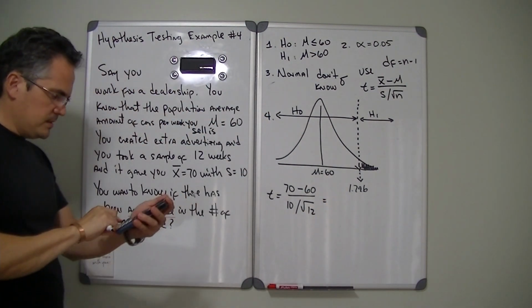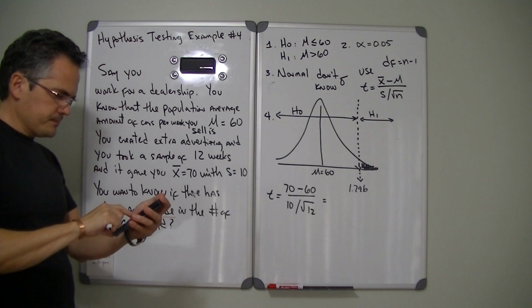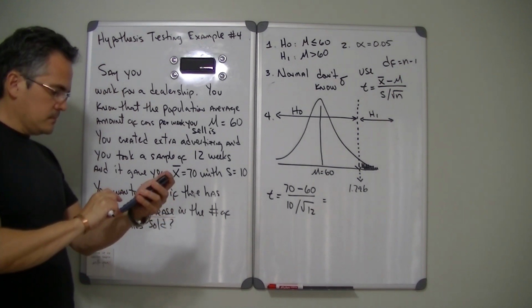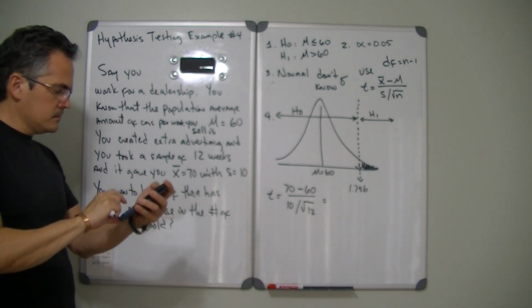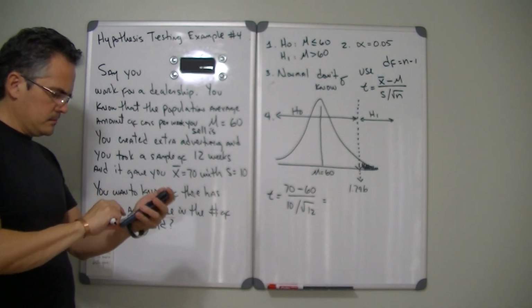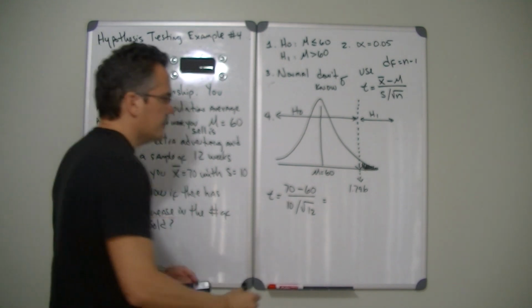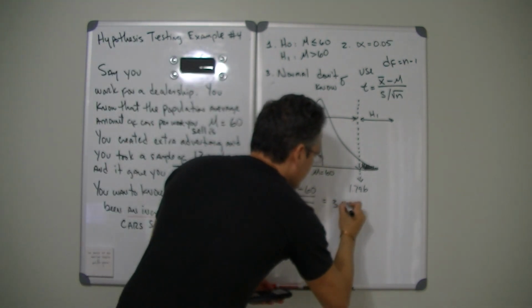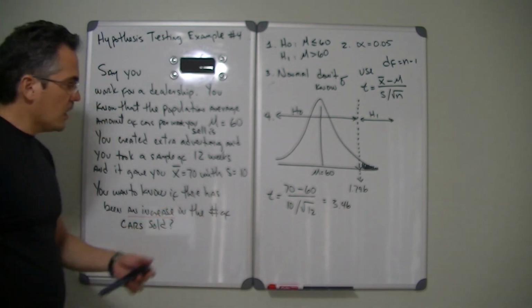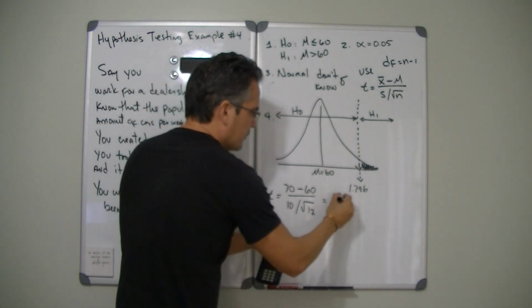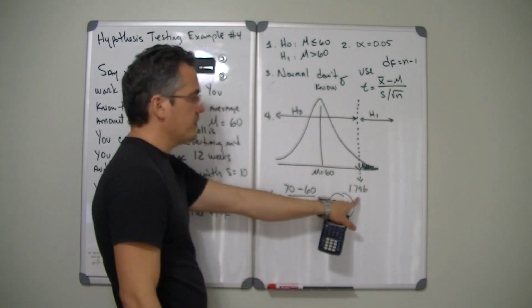Okay, let's plug this into my trusty calculator. And I got 3.46. Alright, now this 3.46, notice that it is greater than that 1.796.